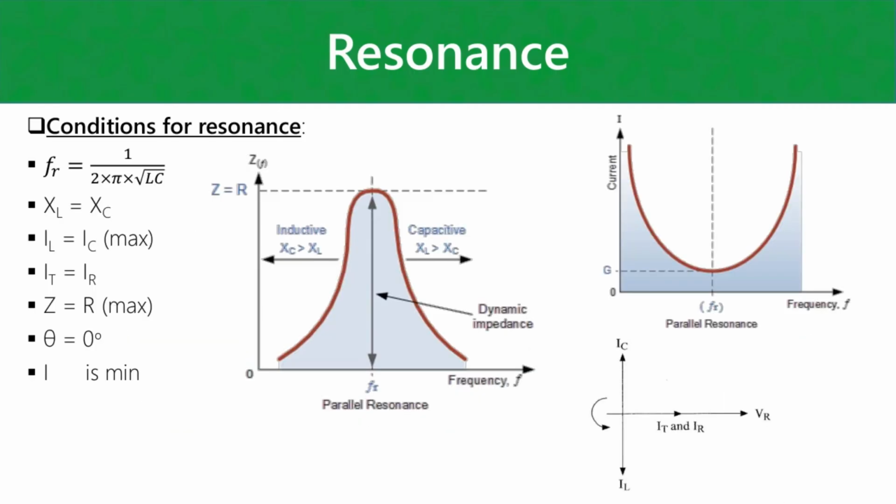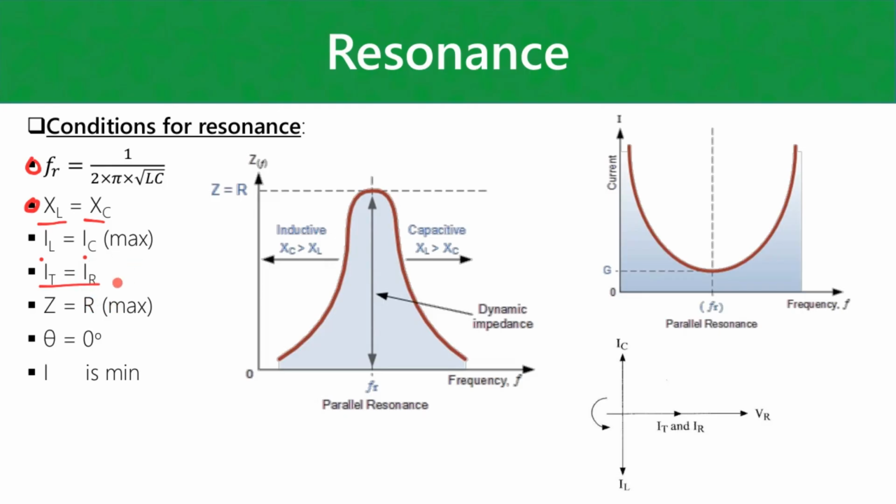If we take a look at some of the values here, again, the resonant frequency, we know how to calculate that by now, I hope. Inductive reactance is the same as your capacitive reactance, so that's the requirement for resonance. But now in a parallel circuit, that implies that the current through the inductor and the current through the capacitor are going to be the same. Your total current is going to be the same current going through your resistance.